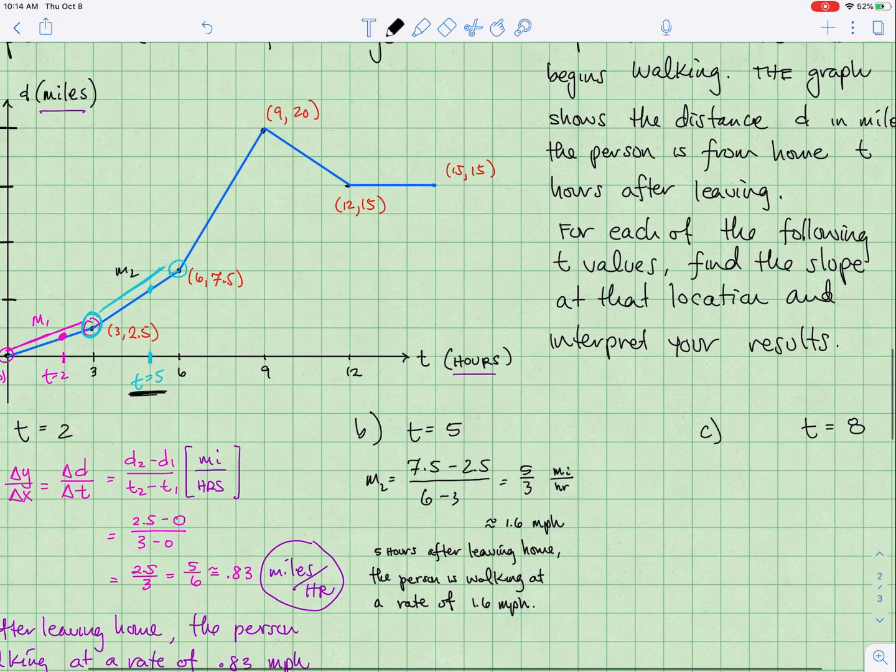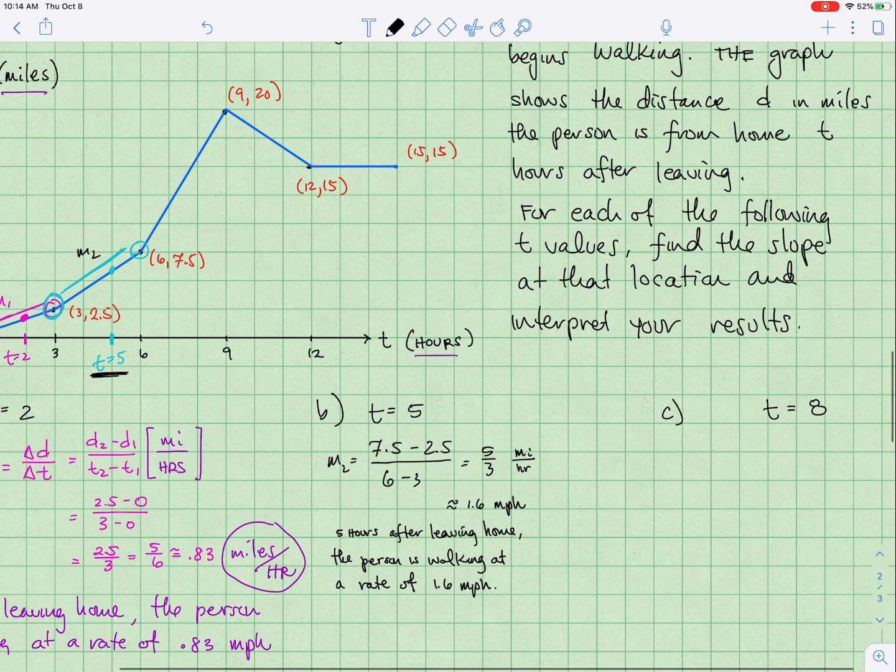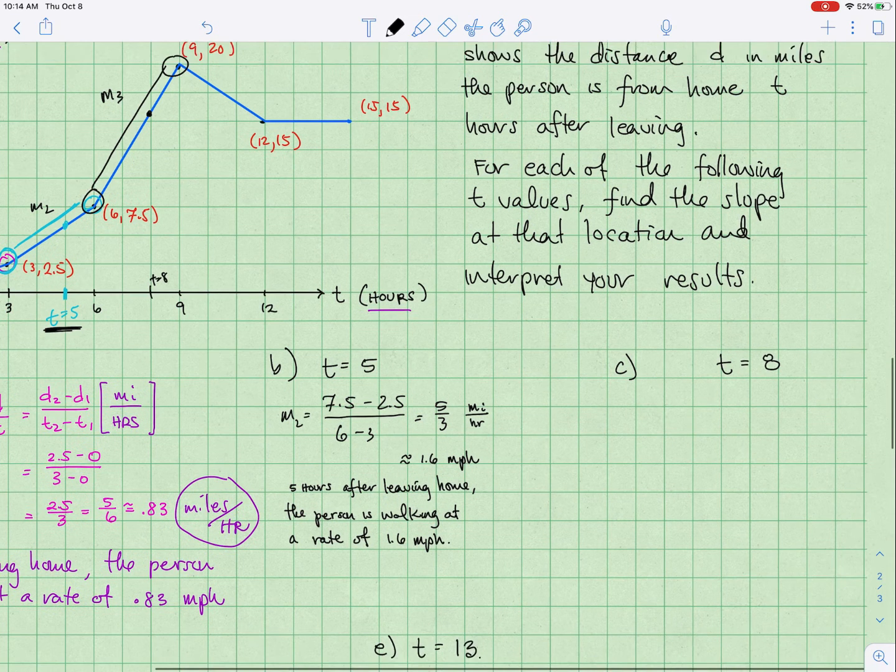But you'll notice here in the next interval, for when t is equal to 8, things get a bit steeper. So for M3, we'll use the endpoints here.